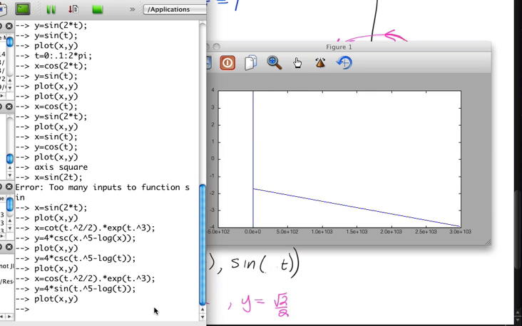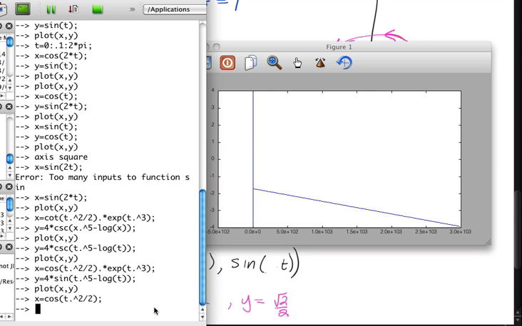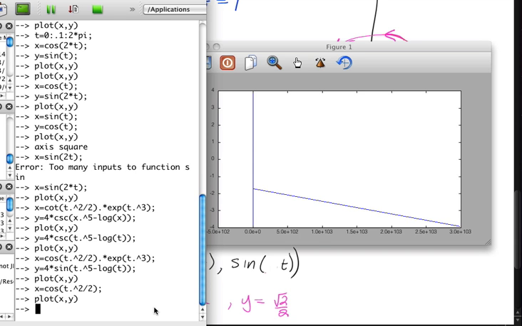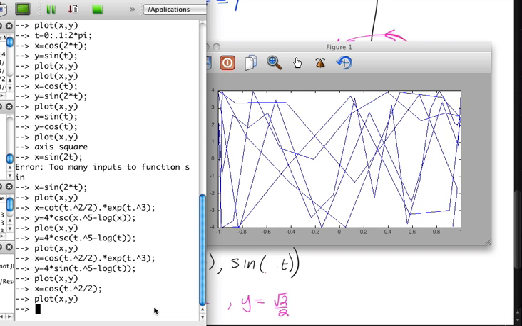First cosine of 2x and cosecant. Let's get rid of this e stuff. All right, there we go. Now we've got something. Wow. Success. We did it. Maybe we need more definition.